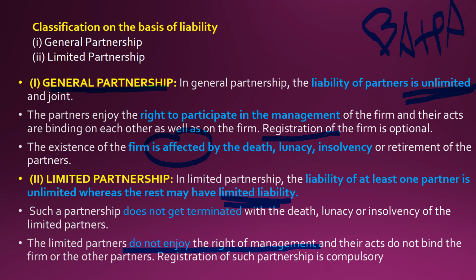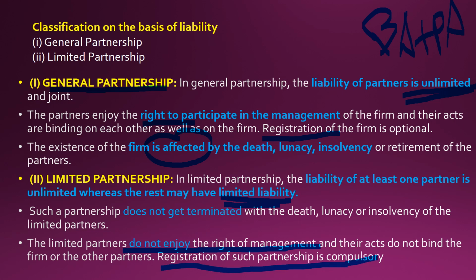Here we learnt they are free to participate in management activities, but here they are not free. They are not allowed to take part in management activities. Here we learned registration is not compulsory, but here registration is very much compulsory. See the difference?